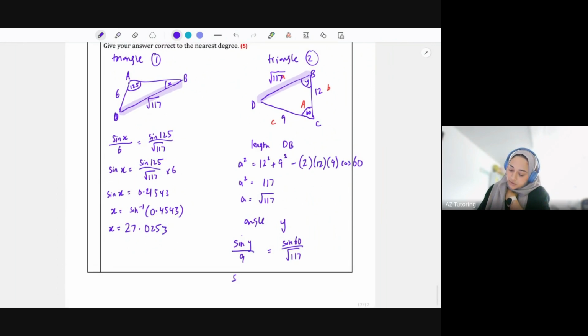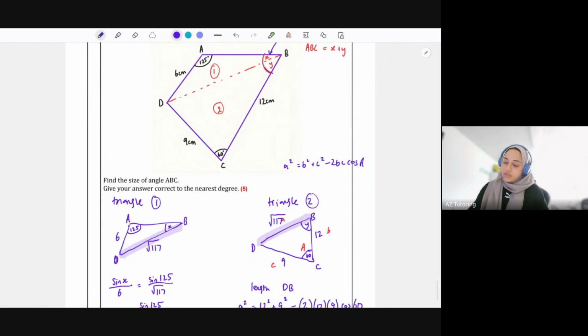So sine y equals sine 60 over root 117 times 9. That gives me 0.6667. Putting in the calculator, I got this. So y equals sine to the minus 1 of this answer. And I get 46.102.